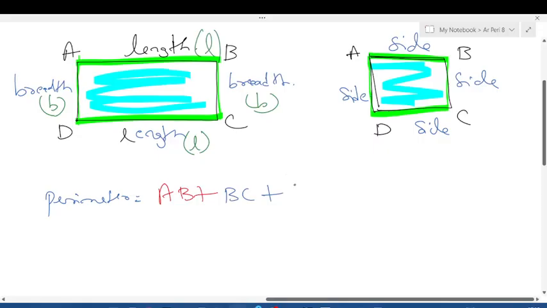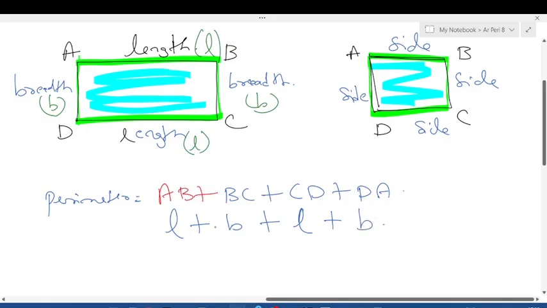BC plus C to D plus D to A. What is AB? L, length, plus BC, breadth, plus CD, length, and DA is known as breadth.